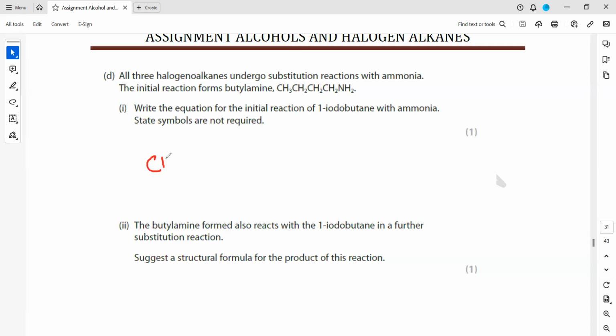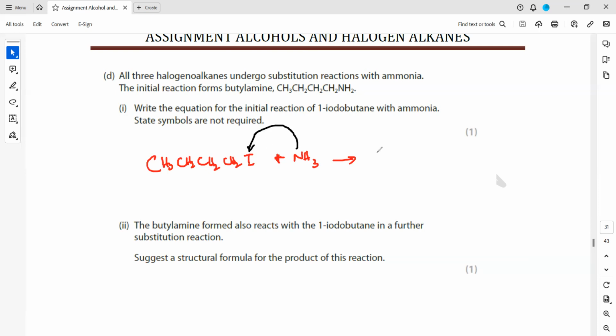If we have 1-iodobutane, CH3CH2CH2CH2I, reacting with ammonia, NH3, one of the hydrogens will be left, and NH2 will take the place of this iodine.